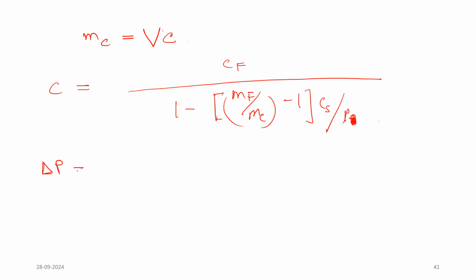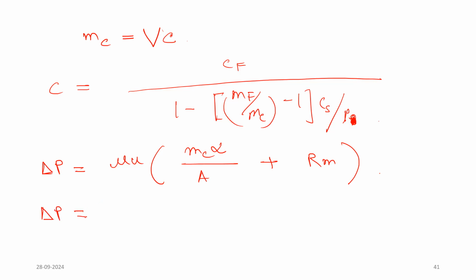So now from there we are separating dt/dV. dt/dV equals mu A by delta P, and inside it will be as it is, (alpha C V by capital A plus Rm).